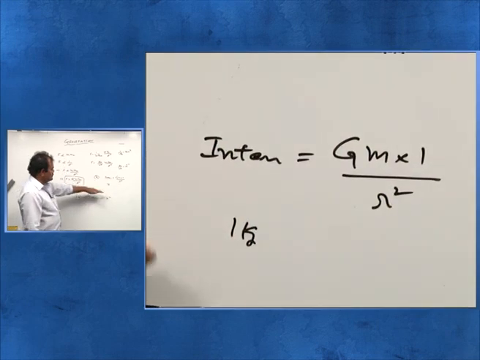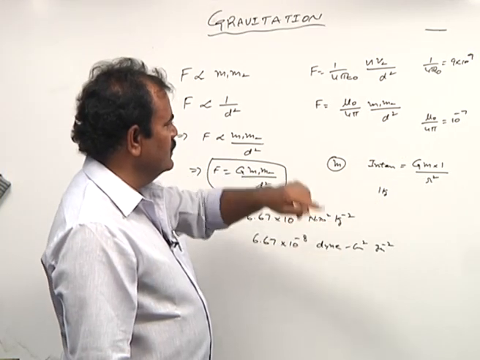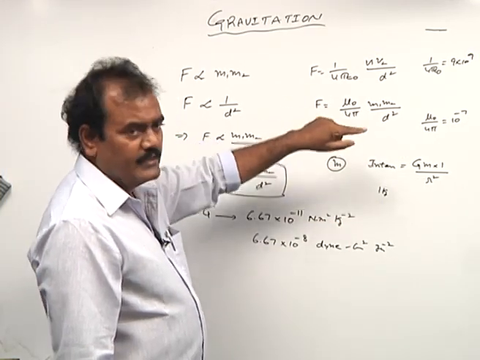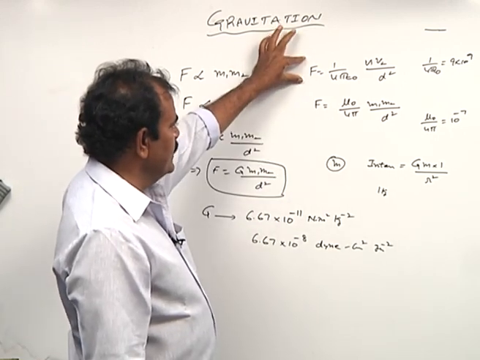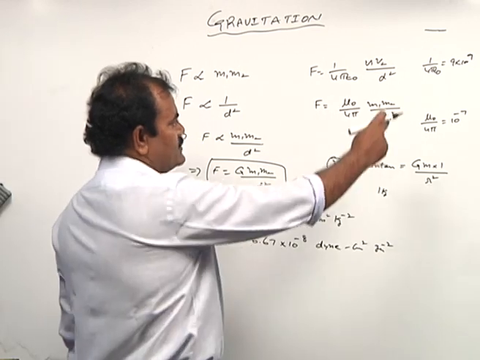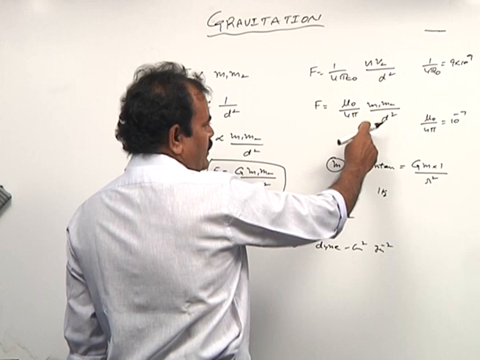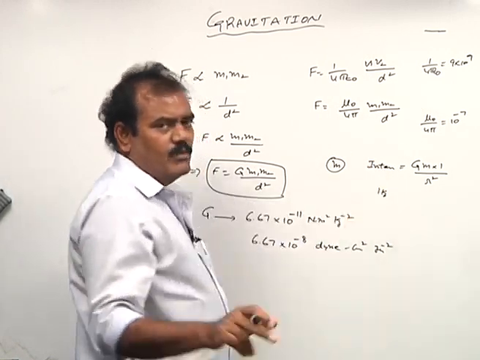Similarly, you can see the intensity of electrical field in this case, and the intensity of magnetic field, which you can take as magnetic induction. The electric field is represented by capital E, and here it is represented by B. Here you take a unit positive charge, and here you take a unit north pole, but in the gravitational field it is a unit mass.